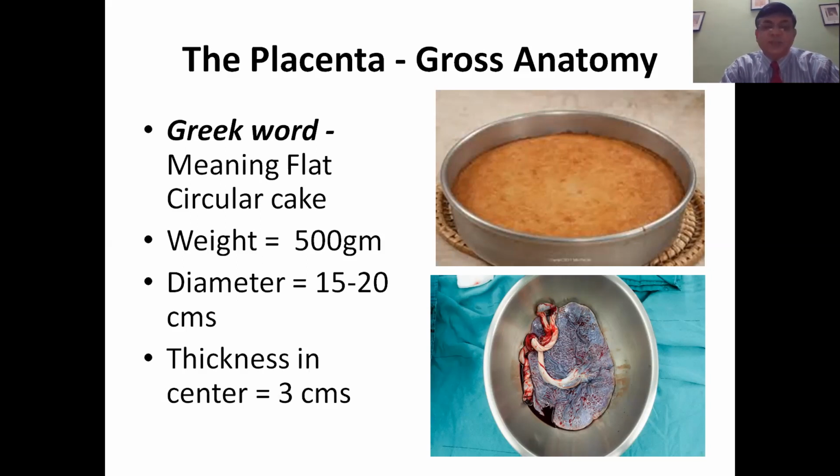It's discoid in shape, and the thickness in the center is 3 centimeters, and it thins out at the periphery. Now you can take down the weight of normal placenta at term is 500 grams. The diameter is 15 to 20 centimeters, and the thickness in the center is 3 centimeters.